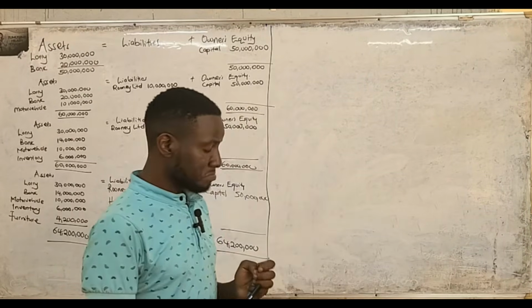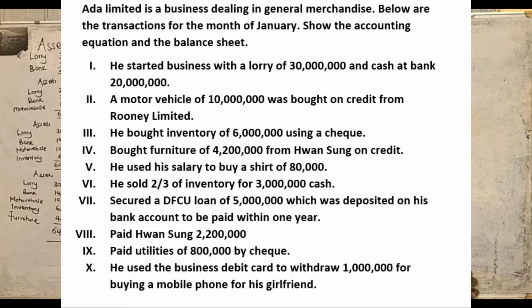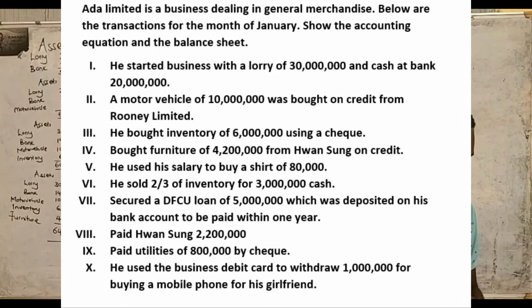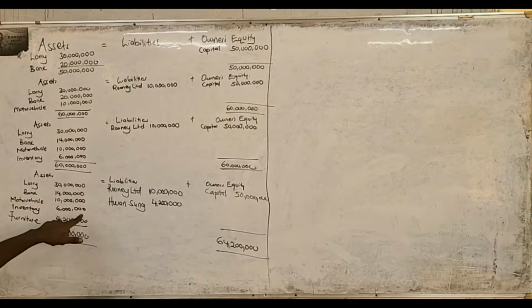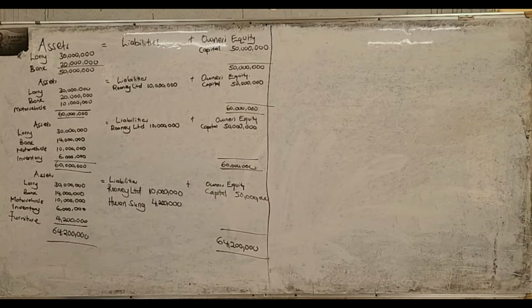So let's continue. In the next transaction, they are saying he sold 2/3 of inventory for 3 millions cash. Now, this is a very tricky part. Remember, our inventory is how much? It is 6 millions.